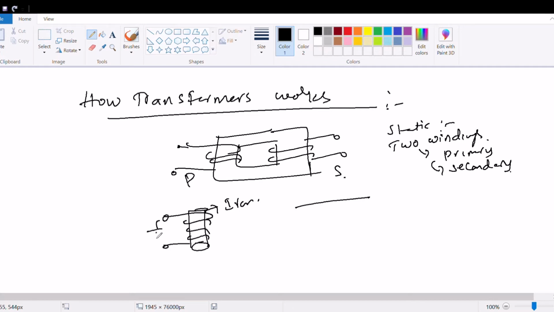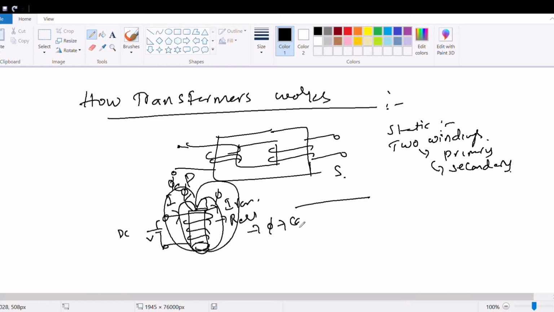If you first give a DC voltage to this, current flows because the wire has a resistance. This current produces a flux like this, and this flux is constant.